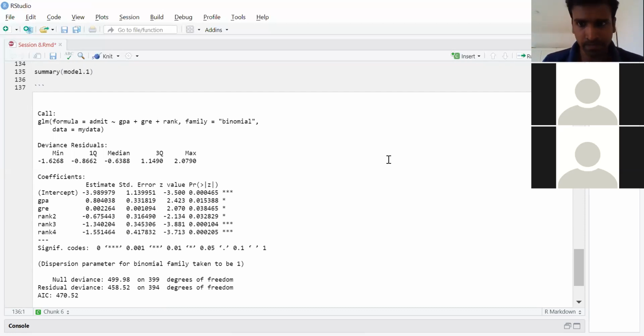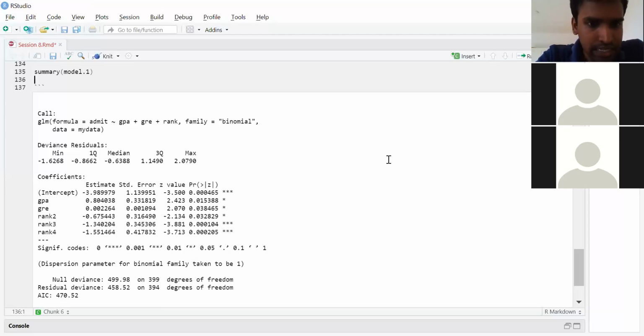So I have some idea. Yes. It seems GPA, GRE, and rank have higher errors. Also 0.05. I'm not sure if they are errors, but let's say they can't be trusted as much as rank 3 and 4.